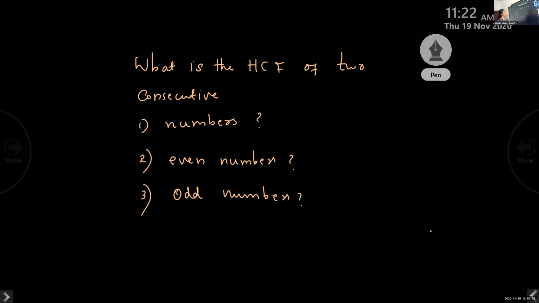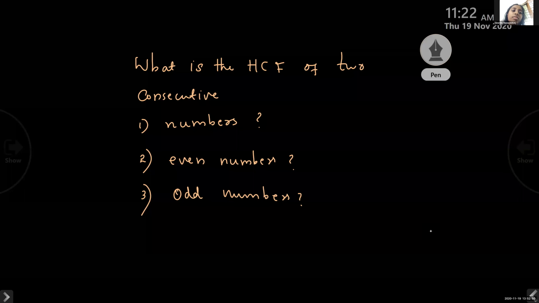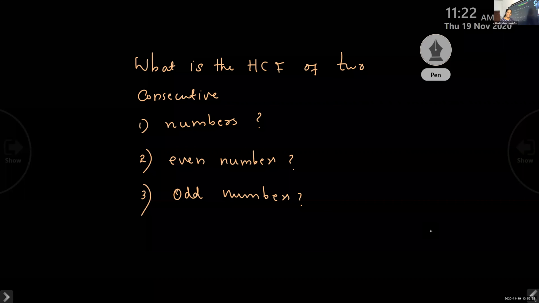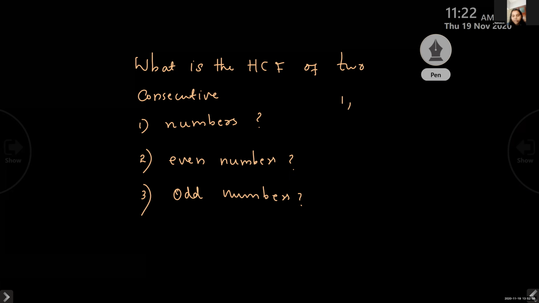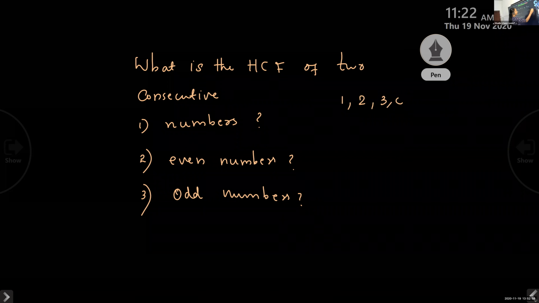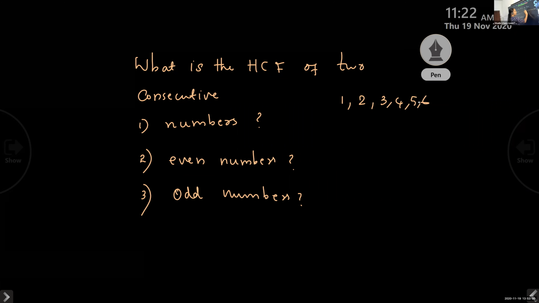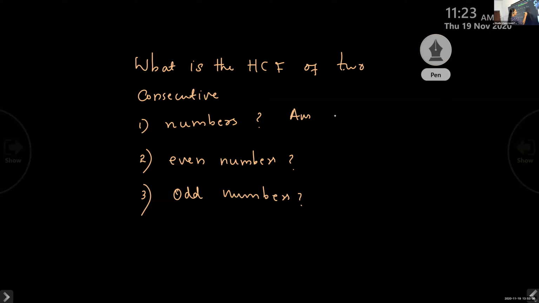Okay, children, consecutive, any natural number, if we take two natural numbers, which is the common factor? Ma'am, there is no common factor except 1. Yes, the common factor is 1. You take any natural number, 1, 2, 3, 4, 5, 6, etc. Which is the common factor of it? 1.